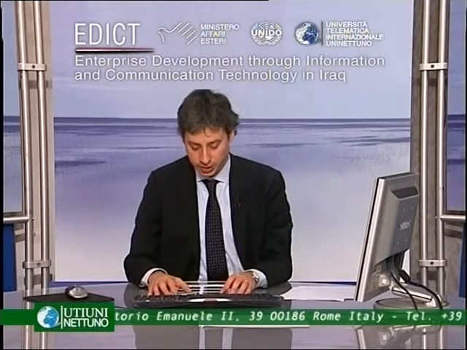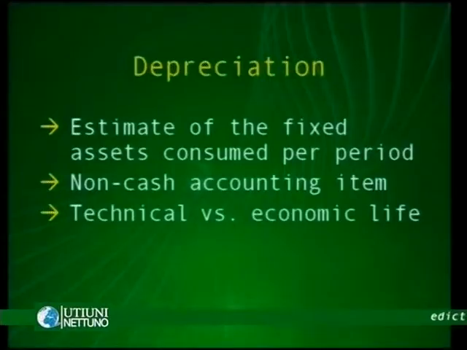When I fix depreciation, clearly the first aspect that I have to define is the expected life of a project, and then estimate the annual consumption of the fixed asset based on the expected life of the asset. In doing that, I have to distinguish the technical versus economic life. What does it mean?